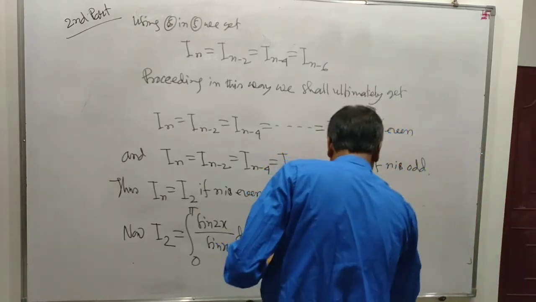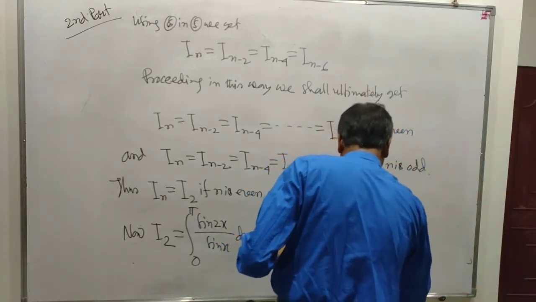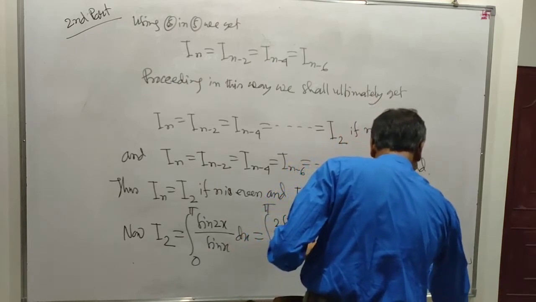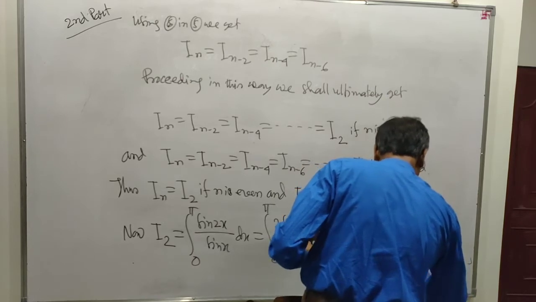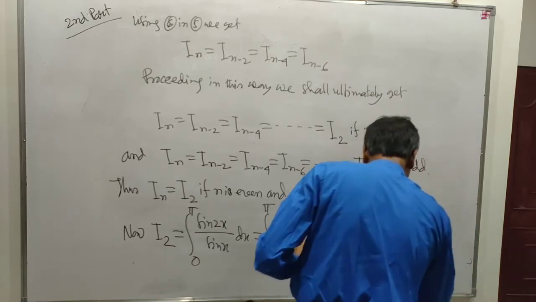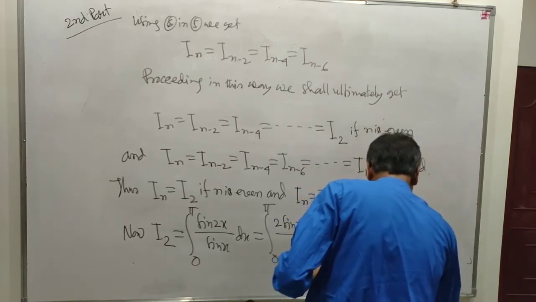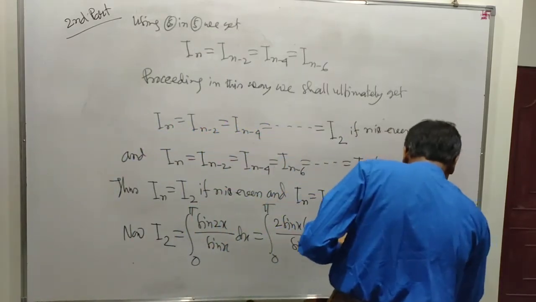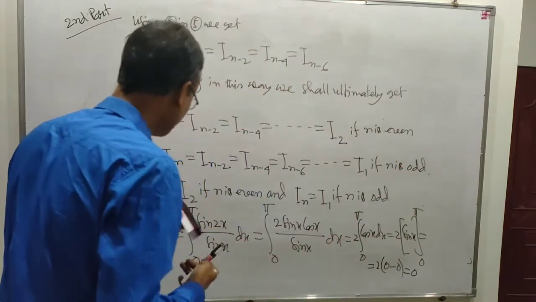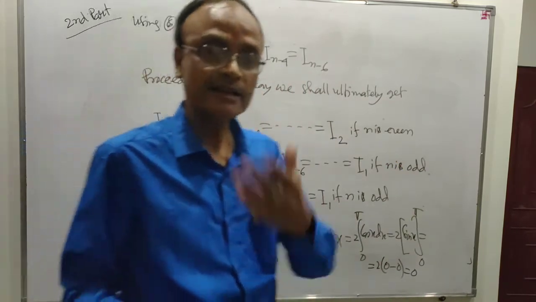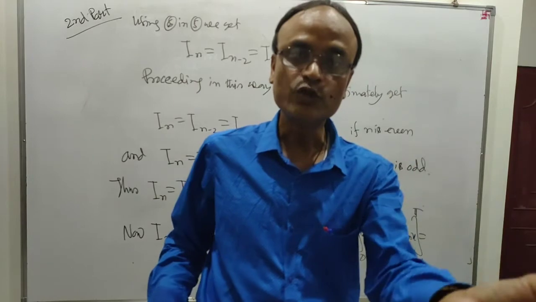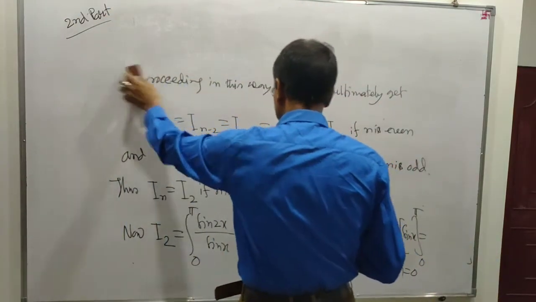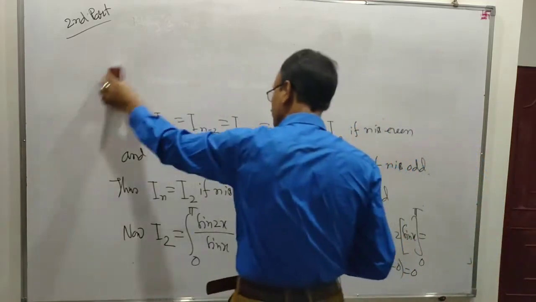This is equal to 2 times the integral from 0 to pi of cos x dx, equal to 2 times sin x from 0 to pi, equal to 2 times 0 minus 0, since sin pi equals 0 and sin 0 equals 0. Thus, if n is even, I_n equals I_2, which is equal to 0.